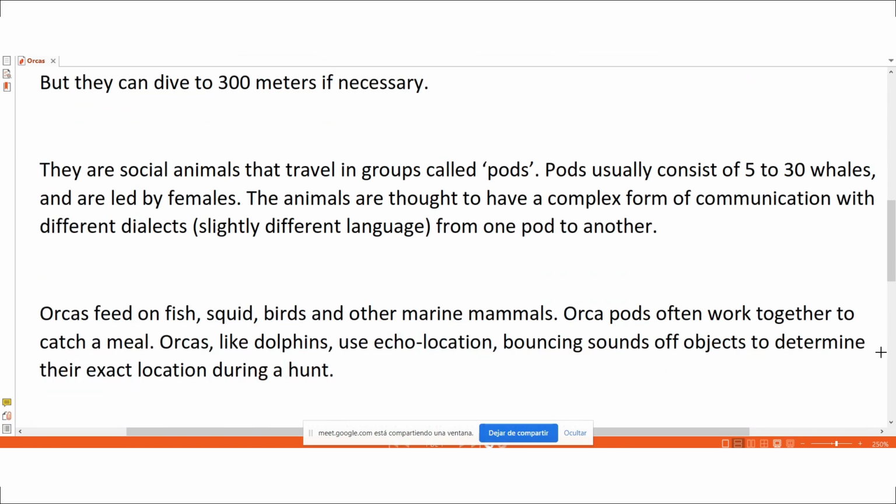They are social animals that travel in groups called pods. Pods usually consist of 5 to 30 whales and are led by females. The animals are thought to have a complex form of communication with different dialects, slightly different language from one pod to another.